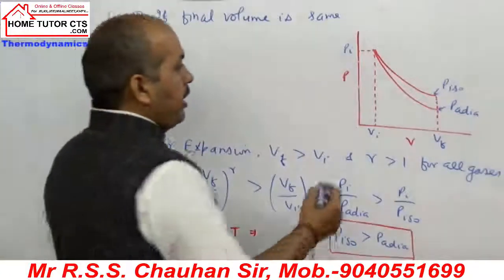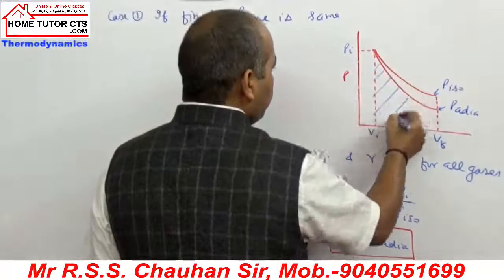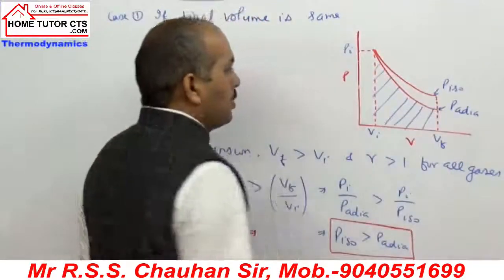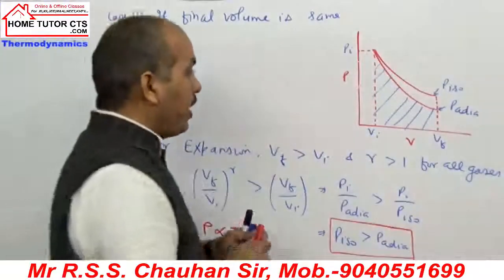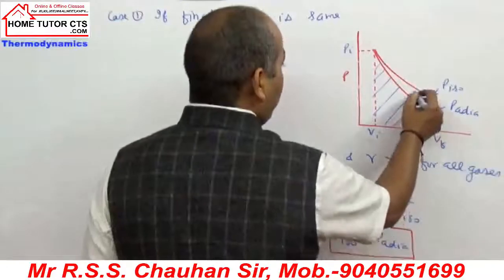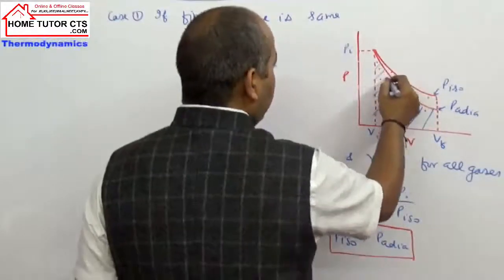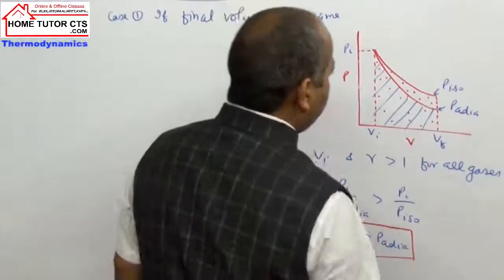So when we take the area under the graph in the two cases, in adiabatic process there will be less area, while in case of isothermal expansion, if I write dots here to indicate the work done, in isothermal expansion this work is more.